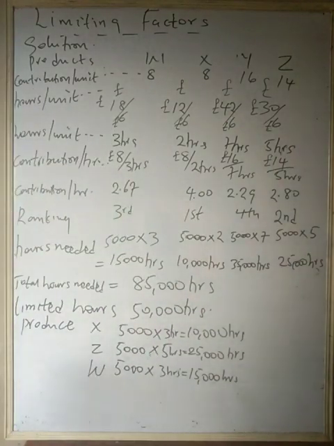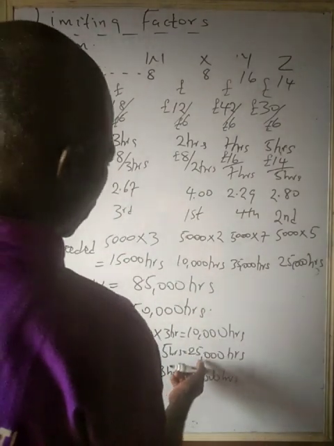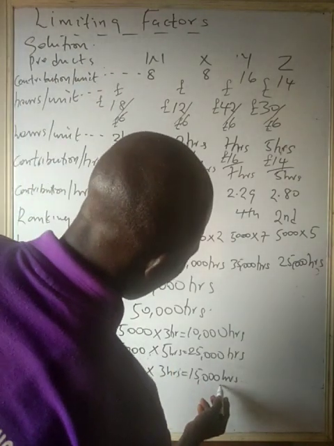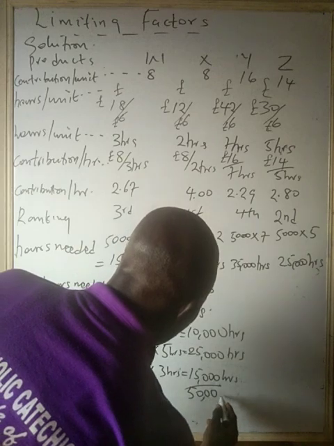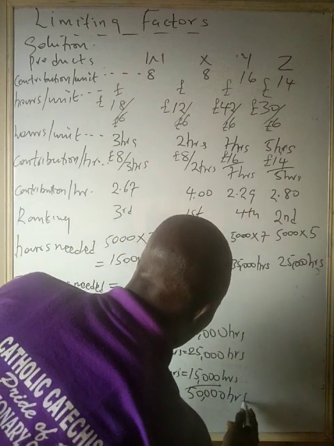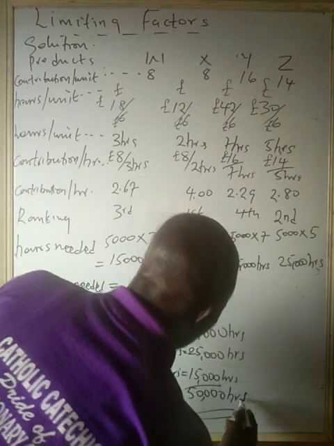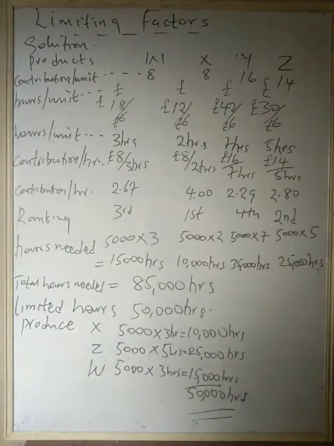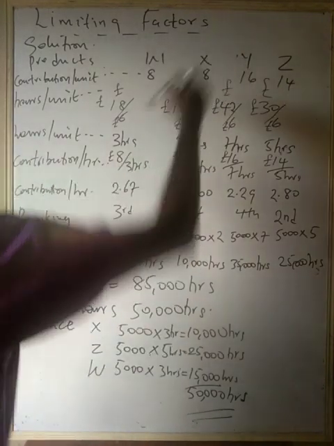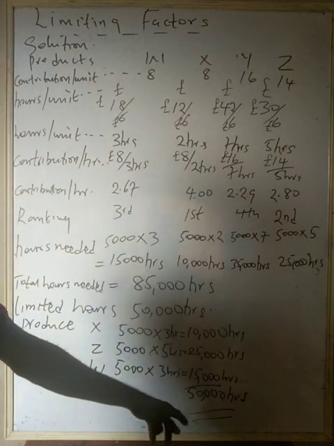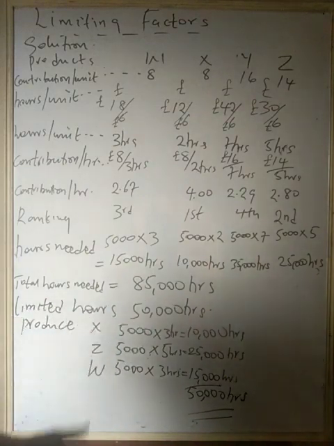That means we are limited to 10 plus 25 plus 15, giving us 50,000 hours. So we are going to produce product X, product Z, product W. Then we are not going to produce product Y, because we are limited to 50 hours, but we need 85,000 hours.